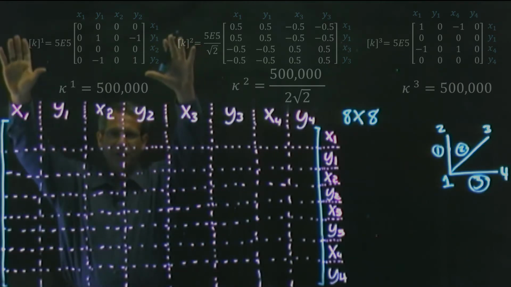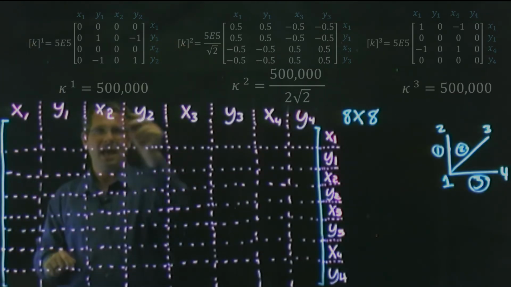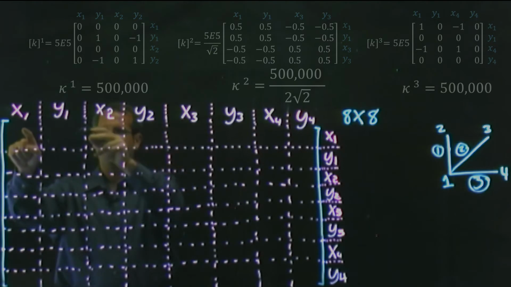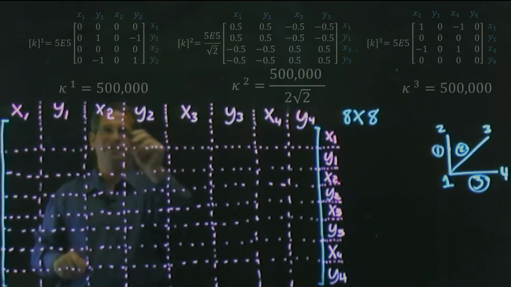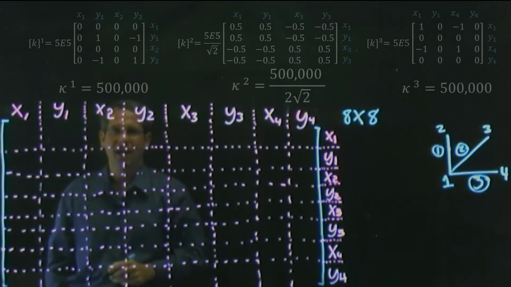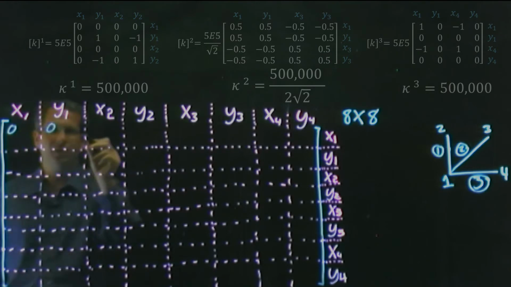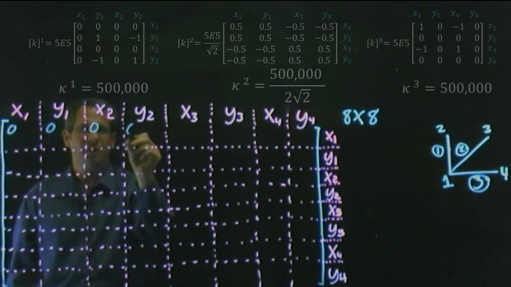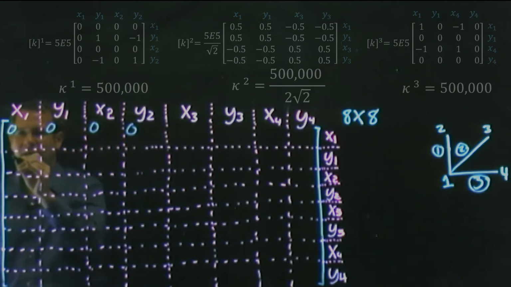For our first local stiffness matrix, everything's fairly straightforward because it has the same structure, so we can just plop it into the first 4 rows and first 4 columns. There's a 0 here, so we'll get 0, 0, 0, 0, because this entire row is 0. Here we'll get 0.